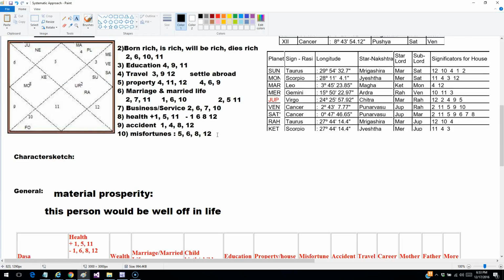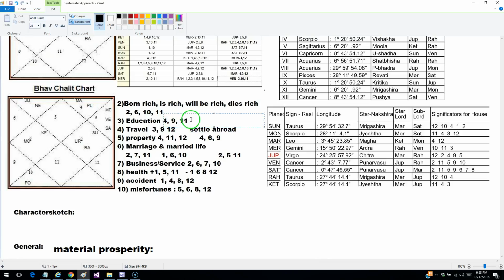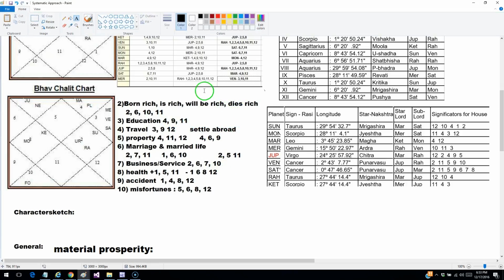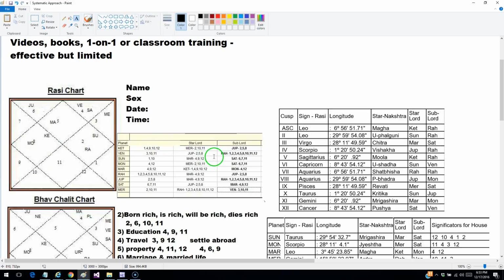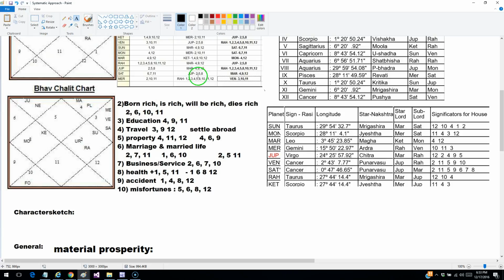Similarly, for education, if you see a lot of combination of 4, 9, 11, then you can say that this person is going to be very well educated, or he can become a scientist, or he can go into some research, those kind of things. Similarly, if you look at too much of 3, 9, 12, then you can say this person is going to travel a lot.